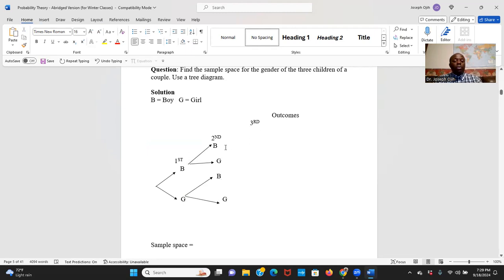Then for the third child, you assign boy and girl to each of these outcomes.